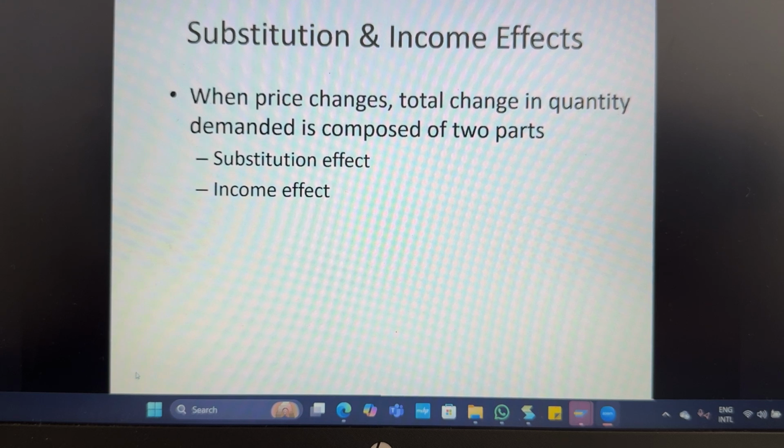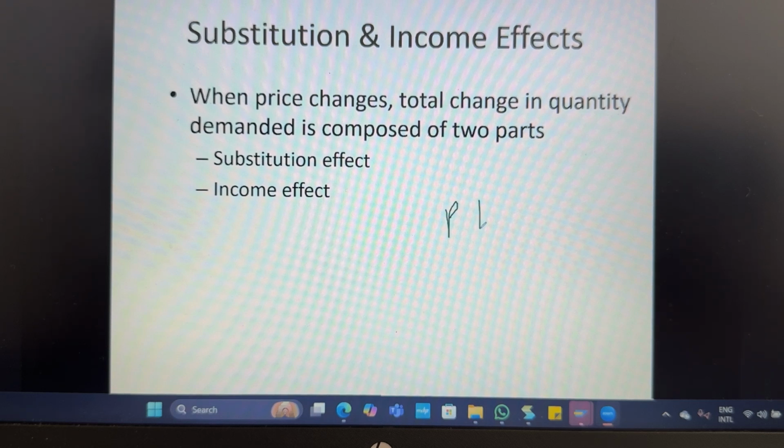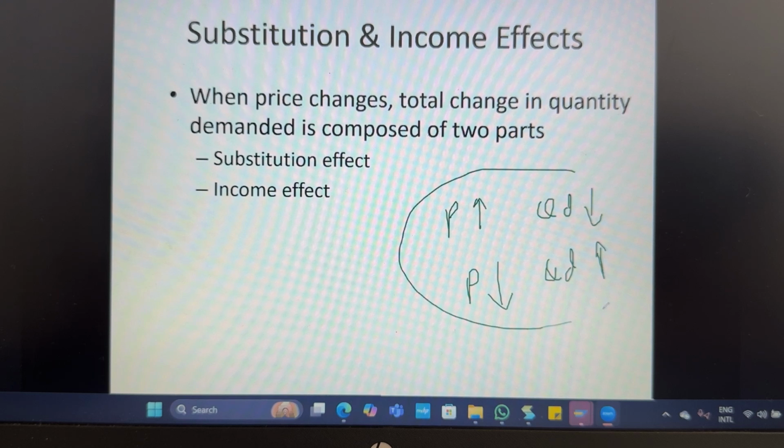Yes, correct. Now, why is it happening like this? If P goes up, why should quantity demanded come down? If P goes down, why does it go up? What are the reasons for this?